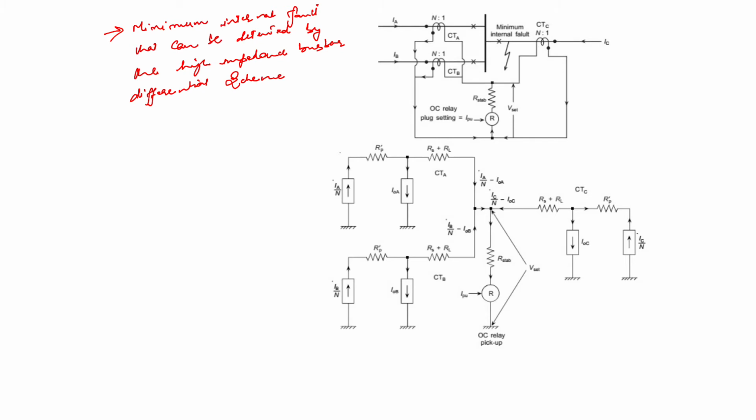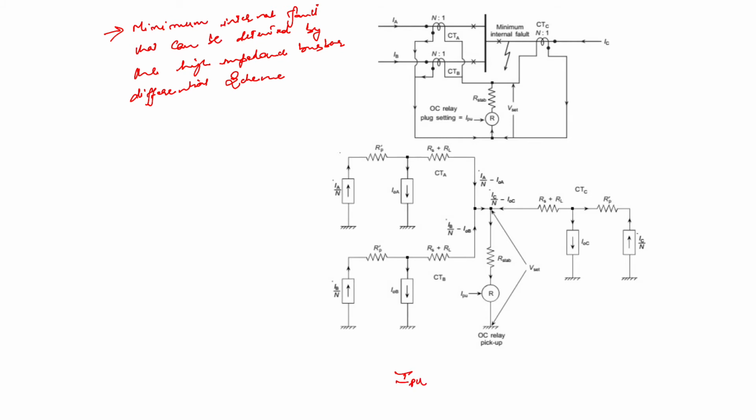The equivalent CT secondary circuit during the internal fault is also shown here in this diagram. It is assumed that none of the CTs are saturated in that very case, because we are considering the minimum fault current.